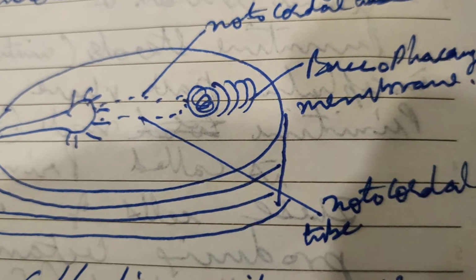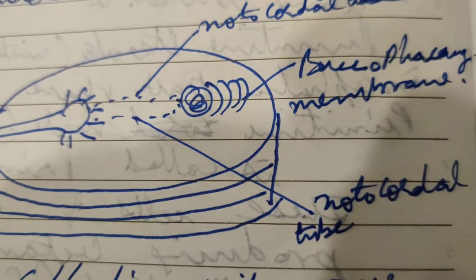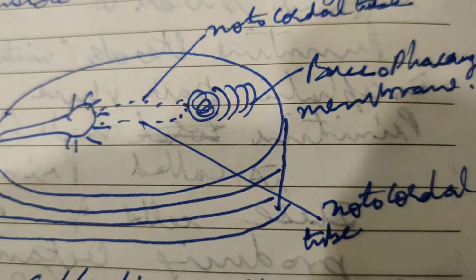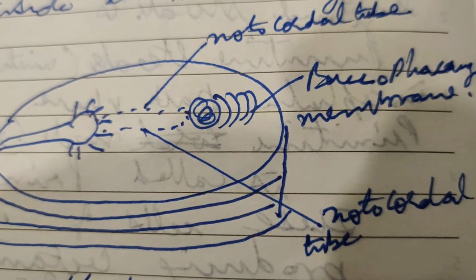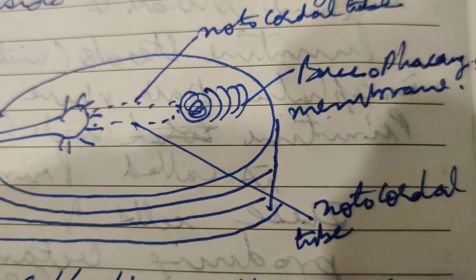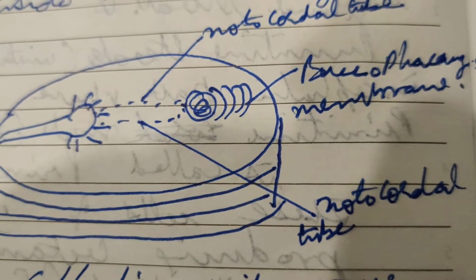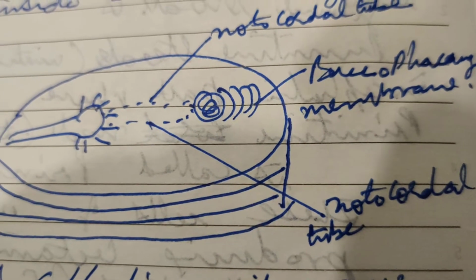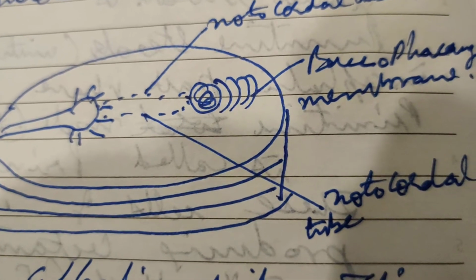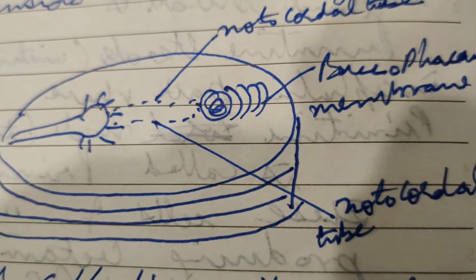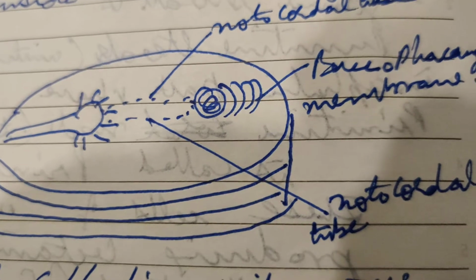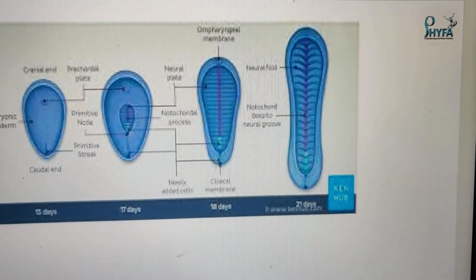And also a few cells go towards the primitive pit which makes the notochordal tube. In the cephalic area, we see that cells are increasing. So eventually as the caudal end is decreasing and cephalic is increasing, we will see this circular laminar disc changing into an oval shape. Something like this.